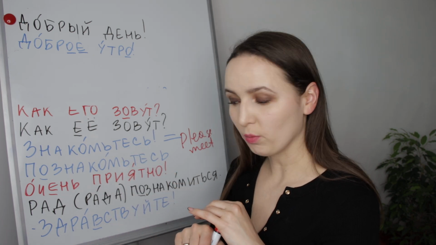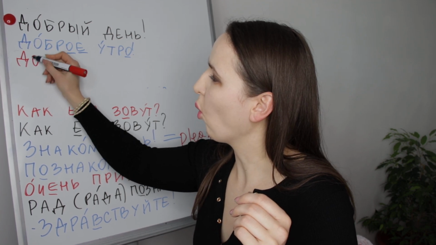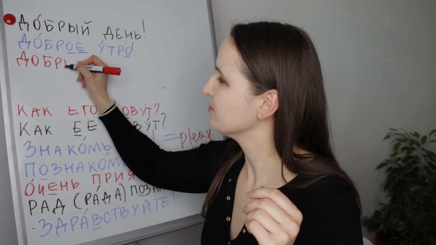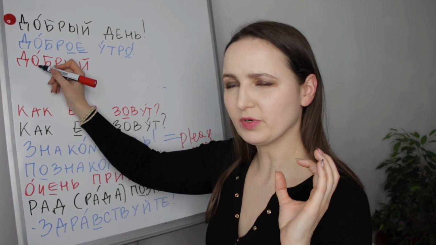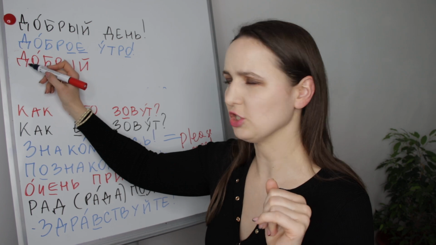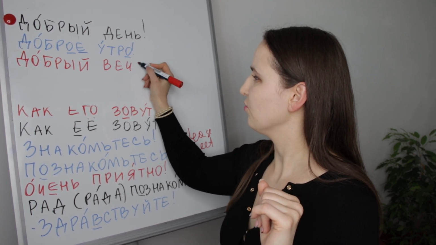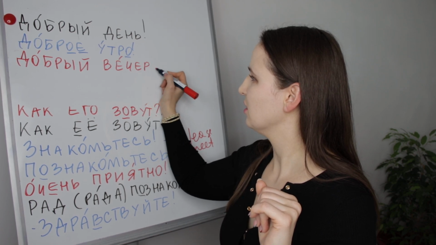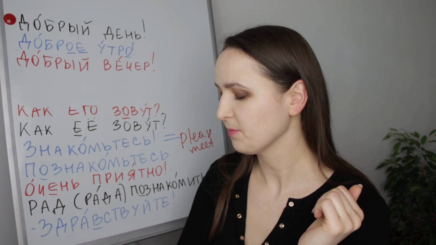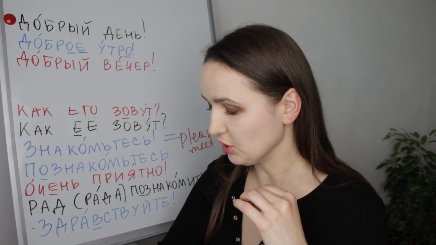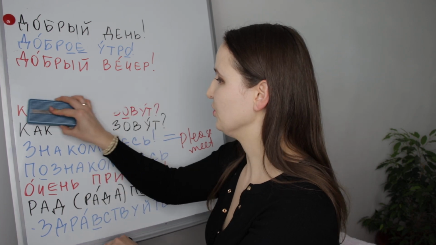Дальше. Добрый вечер. O is stressed here, so pronounce it as O. Don't change it. Добрый вечер. Good evening. Молодцы. Дальше. Let's continue.